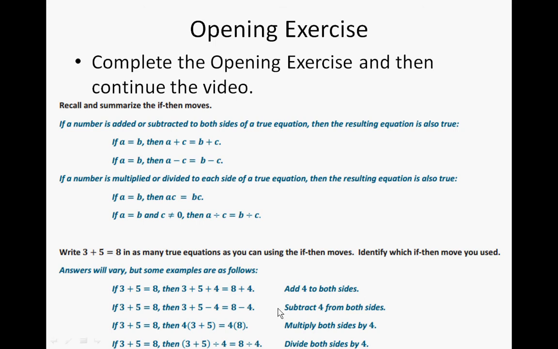So here are just some examples: adding 4 to both sides of this equation, or subtracting 4, or multiplying each side by 4, or dividing each side by 4. You could have picked different numbers and the numbers could have changed throughout. So this is just some examples.